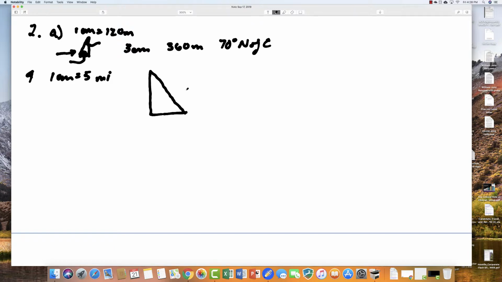When you measure that line, you find that it's 6.2 centimeters in length times 5. Then using your scale, you find that it's 31.0. Then you measure this angle with your protractor, and you find that that's 50 degrees north of west. So it's 31.0 miles, 50 degrees north of west.